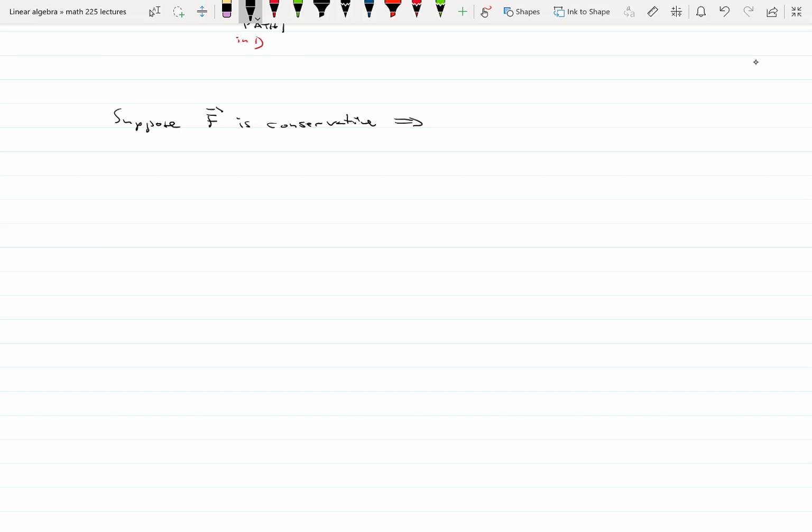That means F is equal to the gradient of some potential function, the gradient of small f for some potential function f. And the function could be f of x, y, z, or f of x, y. Let's restrict ourselves right now to R2. Okay, so suppose F is conservative in R2.